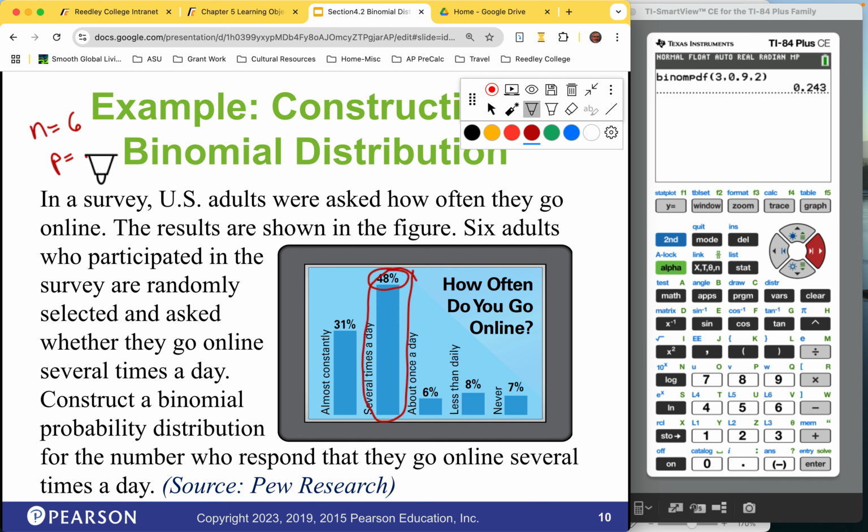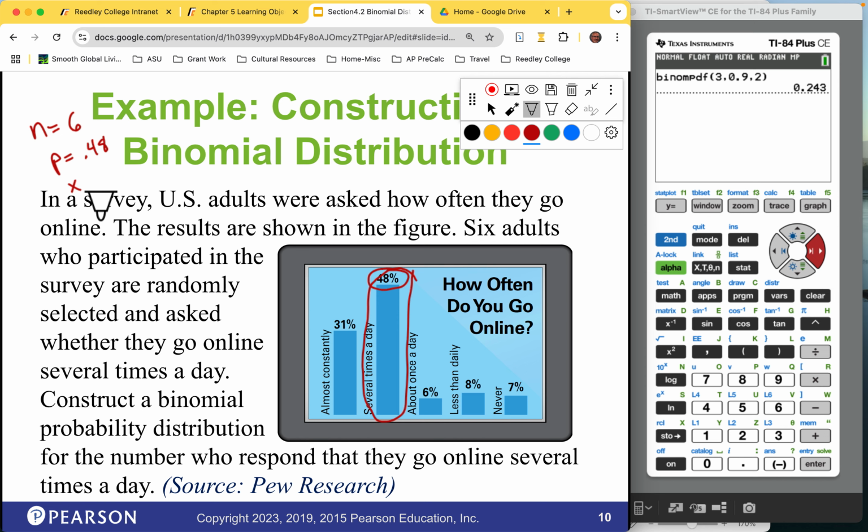Probability of not having a success, 0.52. But with this calculation, we don't need that. And then, what do we want to know? What is x? Well, possible values are 0 to 6. We want the whole distribution, so we want to calculate all of them.